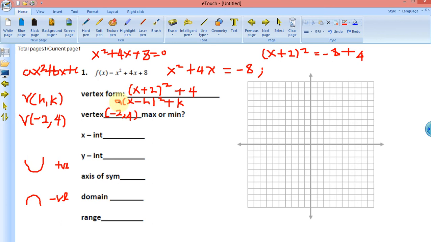So since a is 1 and it's positive, this is a minimum point, because a positive graph has a minimum point starting from this vertex and moving up like that. But when it is a negative graph, you have a maximum point starting from the vertex and the graph moves down like that. Okay, so this is a minimum point.